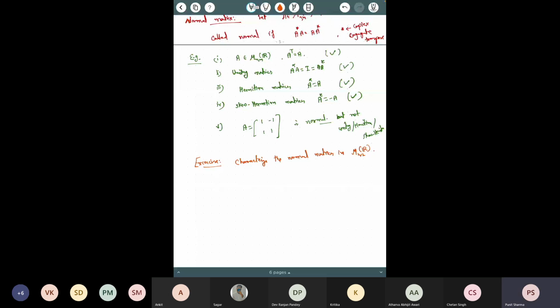So the next theorem which I'm going to state gives us several equivalent conditions for a matrix to be normal. This result is also known as the spectral theorem for complex normal matrices. Similarly, we will state one result for real normal matrices, but let us first talk about the complex result.